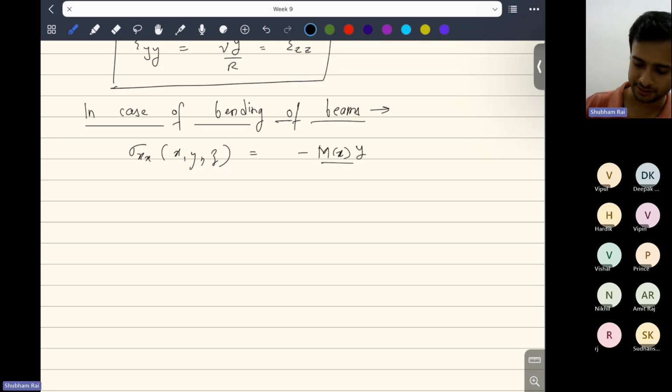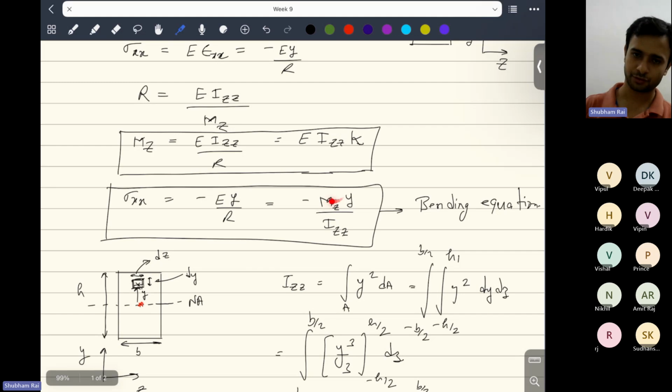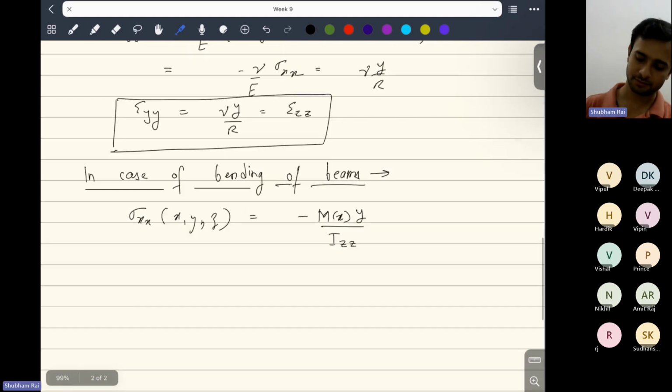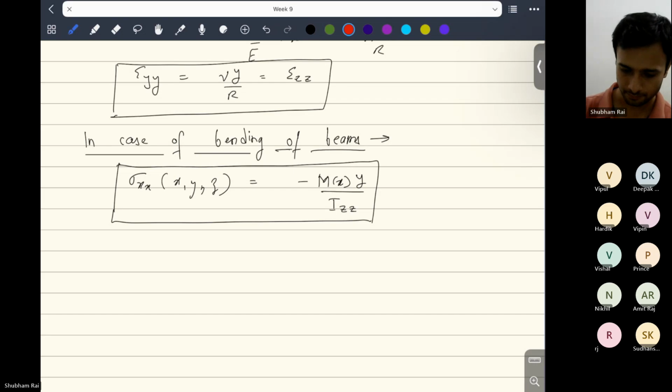Earlier sigma xx was not a function of x because M was not a function of x. Now sigma xx will vary across the length of the beam. So this is the variation of normal stress.